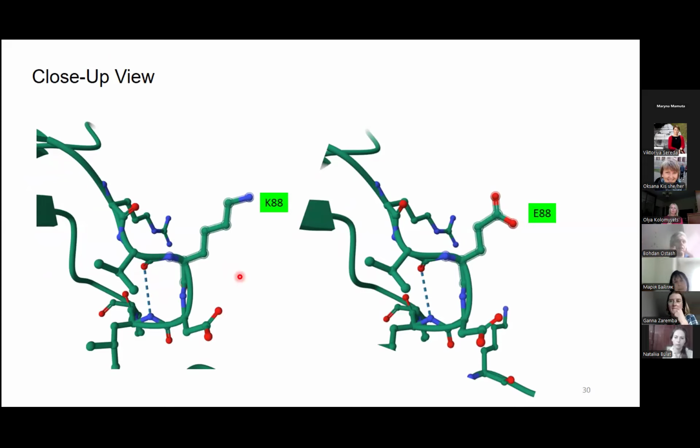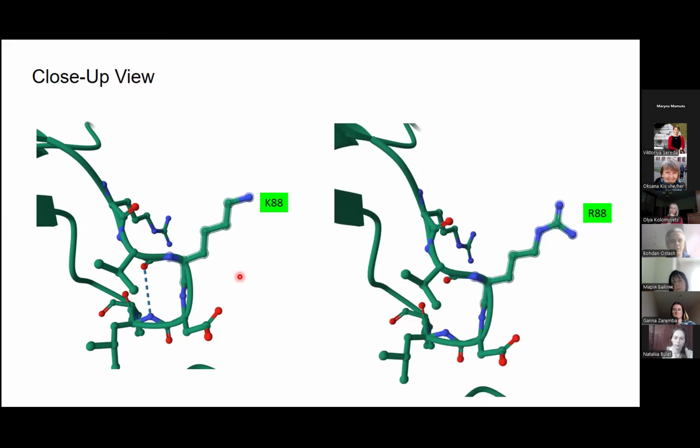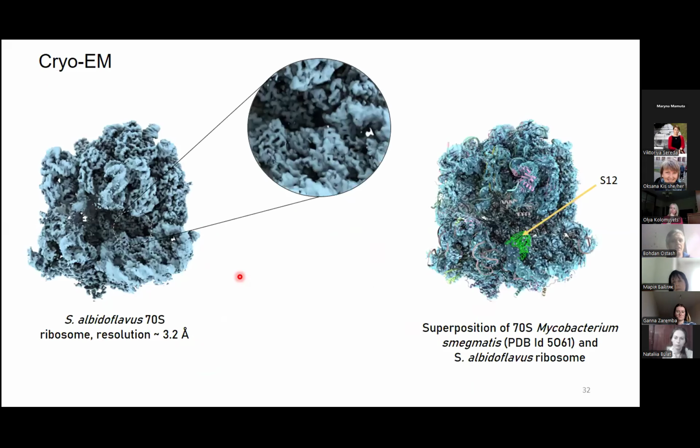Maybe even a tiny change like a lysine to arginine substitution would affect the neighbors, make them move a little bit or distort their structure. And you would have this domino effect: a small change in one protein would lead to change all over the ribosome. But to find it, we need to see the entire ribosome.